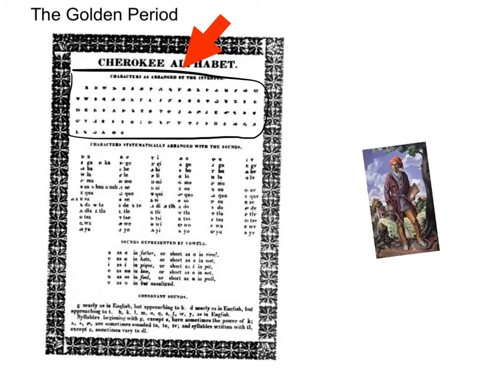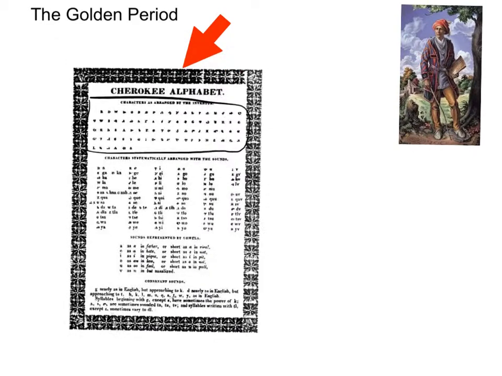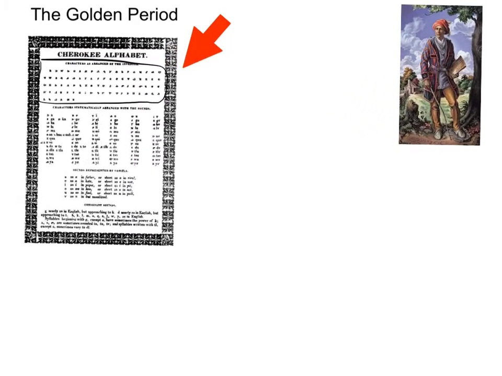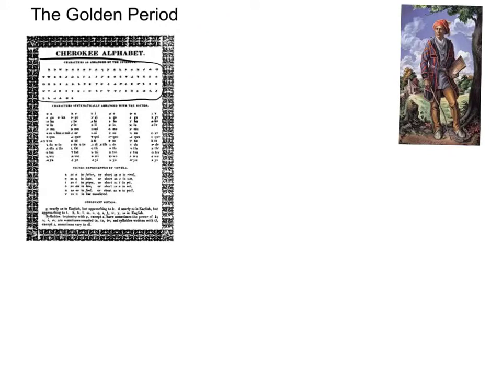They decided to make a printing press. The press they ordered had letters casted in both English and Cherokee.